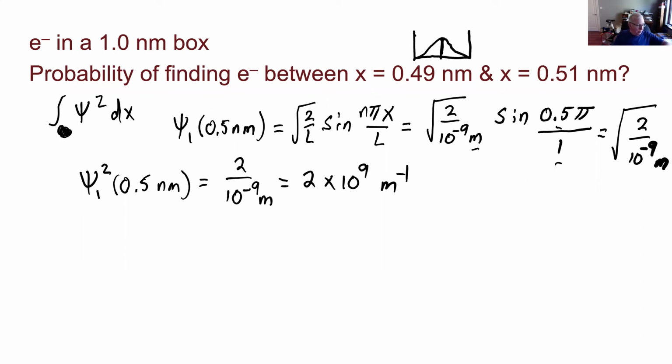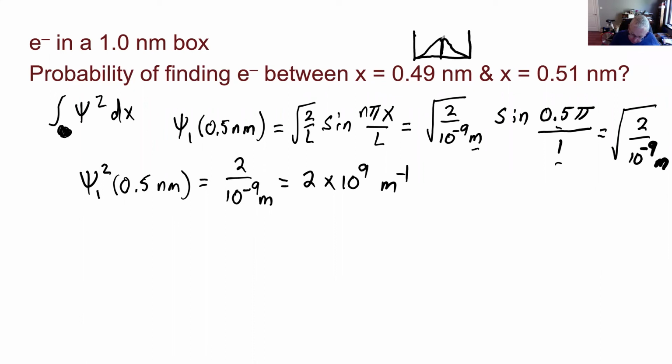The 1 over meter unit is a little bit strange looking there. The reason for that is this is the probability density function, and it's a density in 1 dimension. You think of densities as being something per unit volume. Because it's 1-dimensional, the equivalent of density is going to be per unit length. And so that is the value of my function up here.